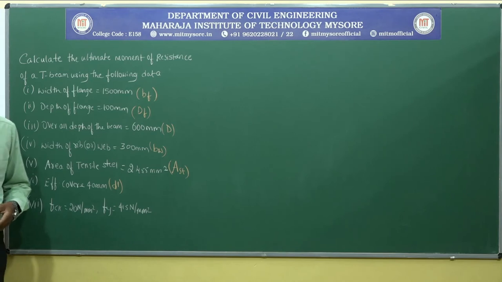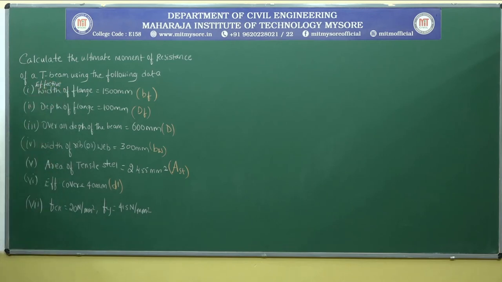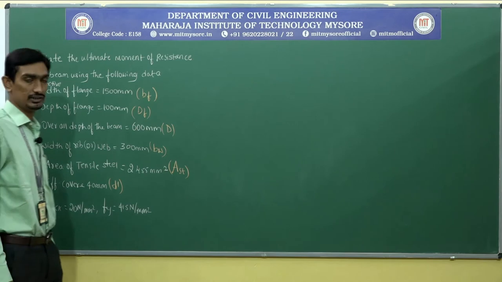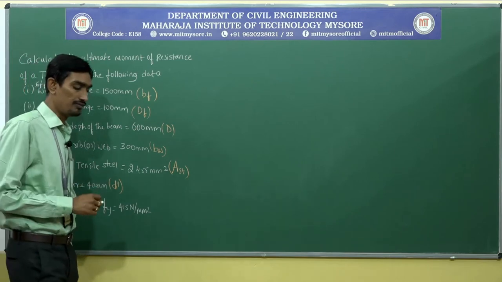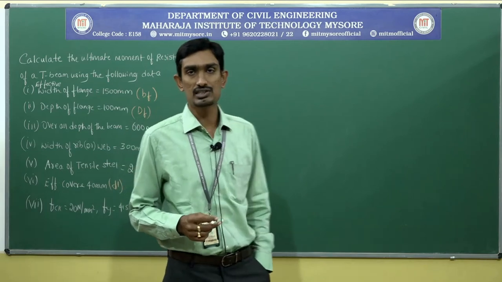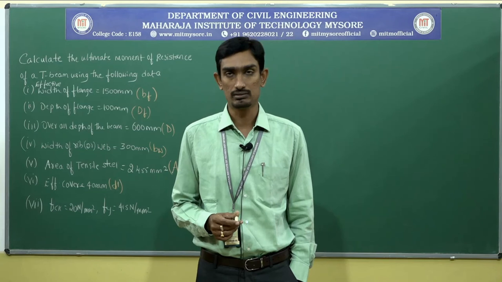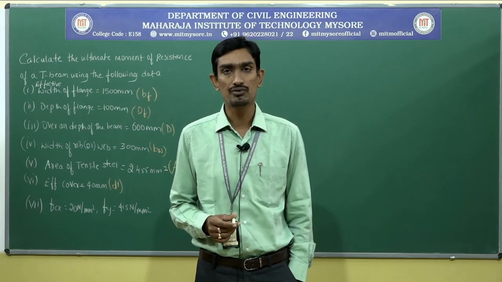Here one more thing I want to write down is that this is the effective width of a flange. Please note down, this is the effective width of a flange. Because if it were just a width of a flange, then the first step is to calculate the effective width as per IS 456.